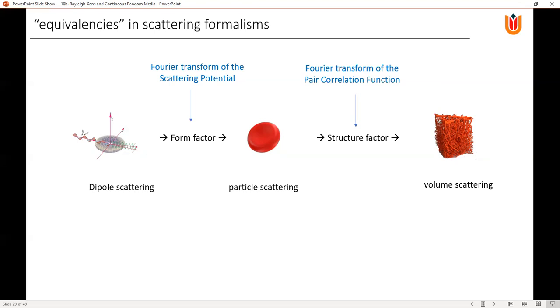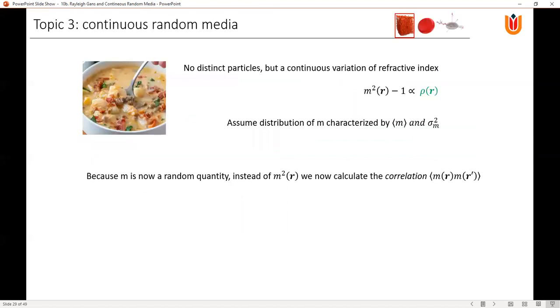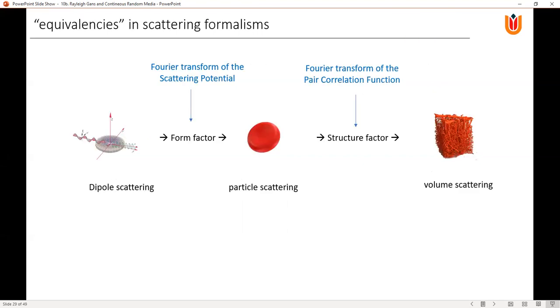If you have a single particle and you would like to describe the scattering by a volume, you would need the structure factor to tie that together as well. And both of them are Fourier transform relations between the spatial distribution of either refractive index or of particle positions. So there is this seeming equivalence in these formalisms as you scale it up.